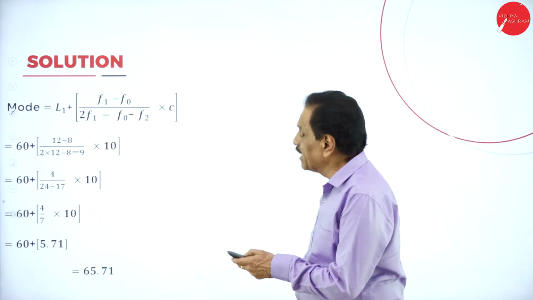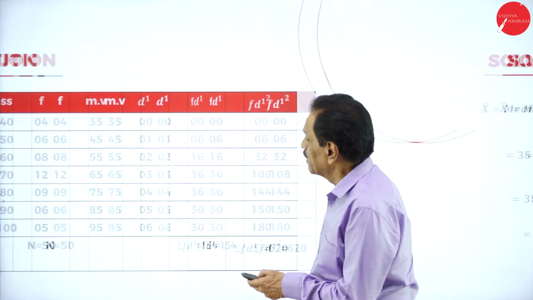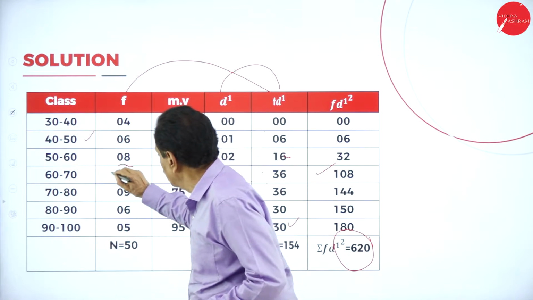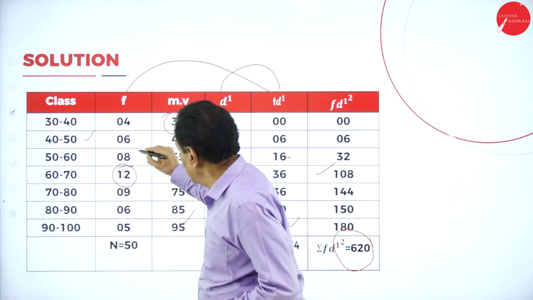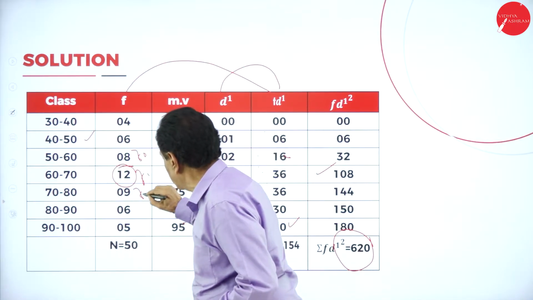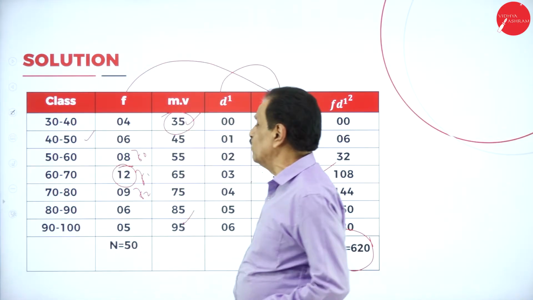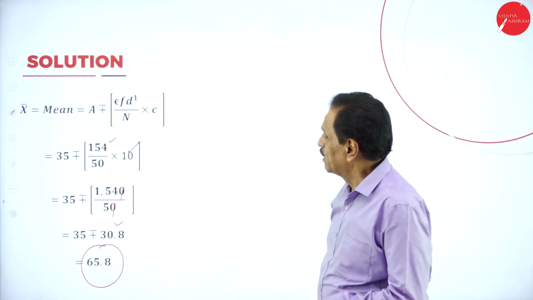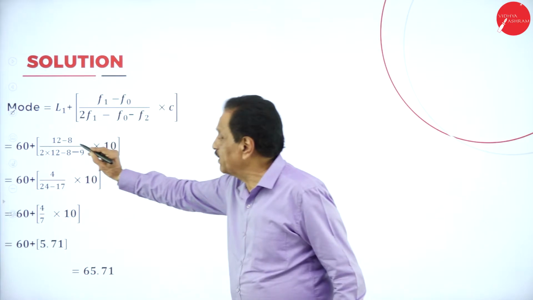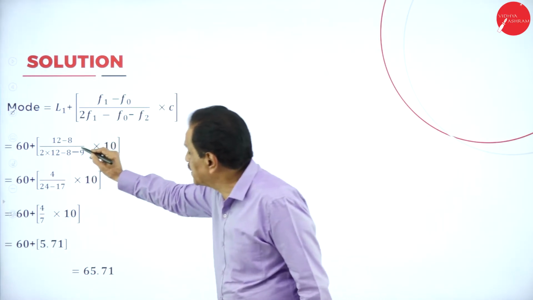Mode lies in the highest frequency. Which is the highest frequency here? 12. Behind, this is F1. This is F0. This is F2. Your class is 60 to 70. 60 L1, your highest frequency is 12. Behind is 8.